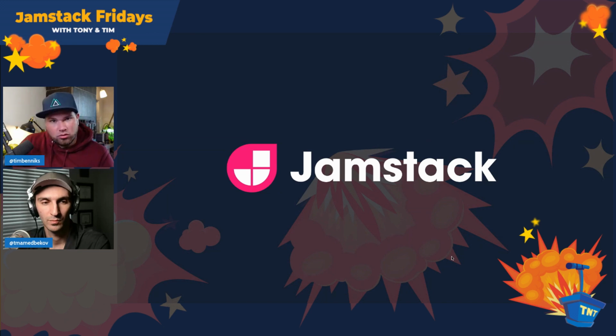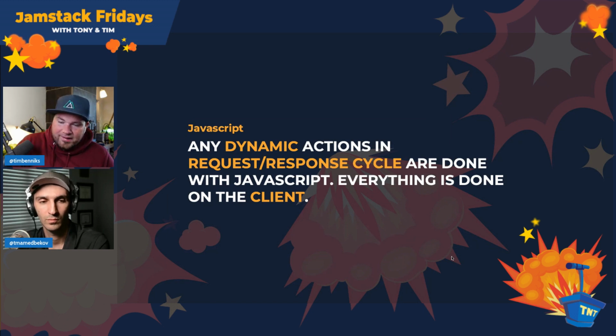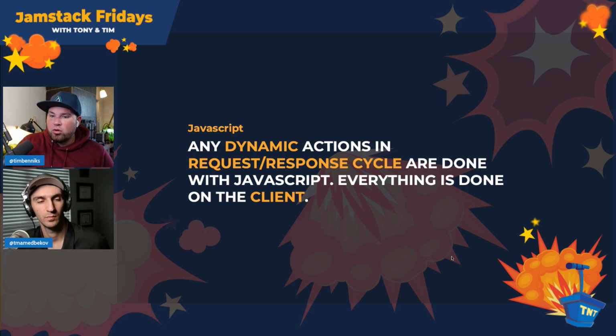Just a quick refresher. Okay, so the J, JavaScript. Any dynamic action in the request response cycle is done with JavaScript. Everything is done on the client. Let's think on that. That's kind of true, right? Either in build you do dynamic stuff, but if you want to do any sort of request response cycle stuff, Ajax calls, there are no servers, right?